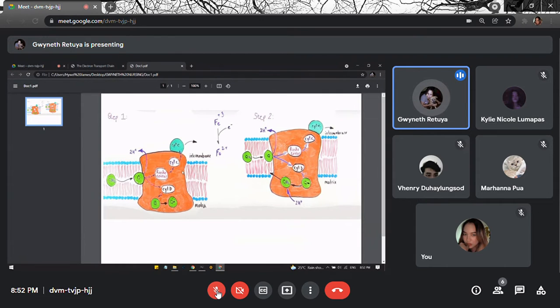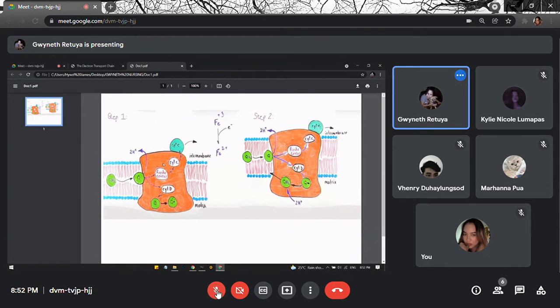Then the second electron moves into the heme groups of cytochrome B before being picked up by ubiquinone, or coenzyme Q. It is then reduced to form the semiquinone radical ion, Q minus. The next step is the same.